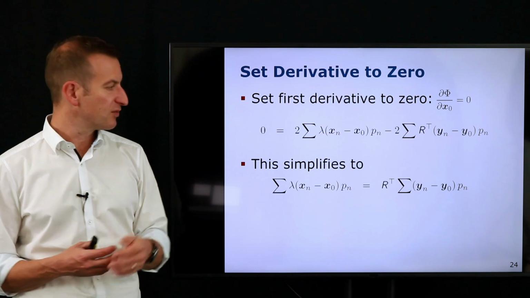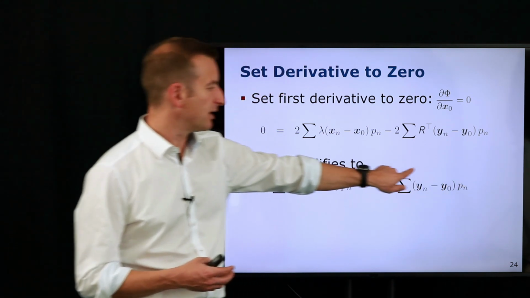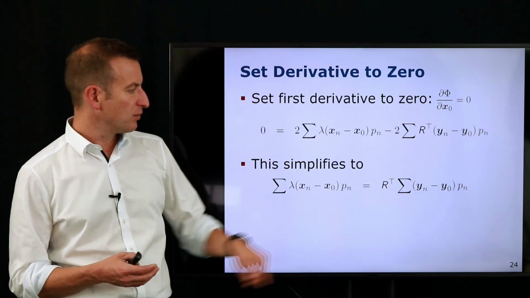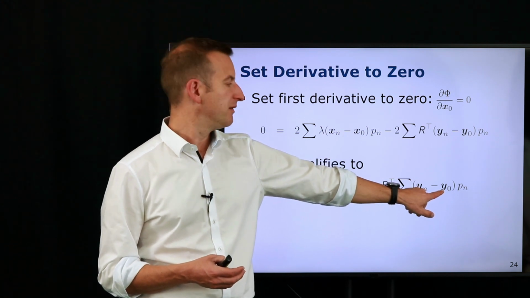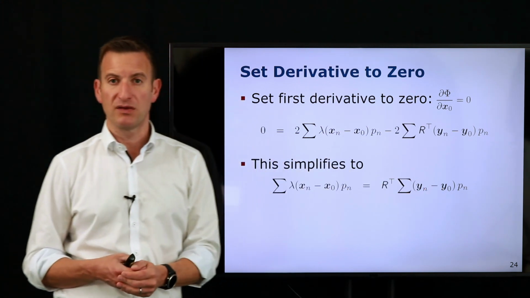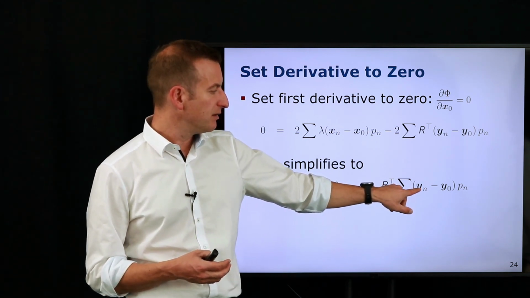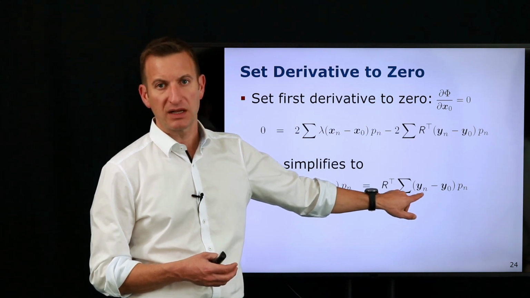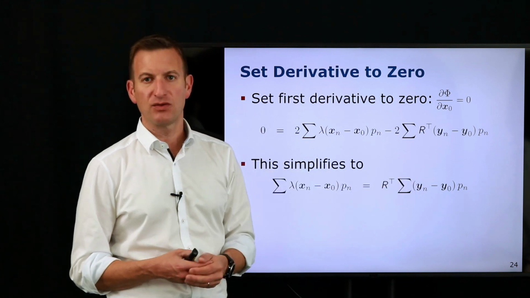And now we can exploit a fact if you look at this expression over here. This is the interesting part. What do we have here? What we have here is actually the mean of my points, yn. So what I'm doing is subtracting the mean from every data point that I have, and then I'm summing those values up.